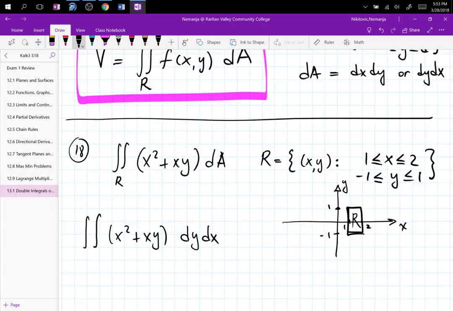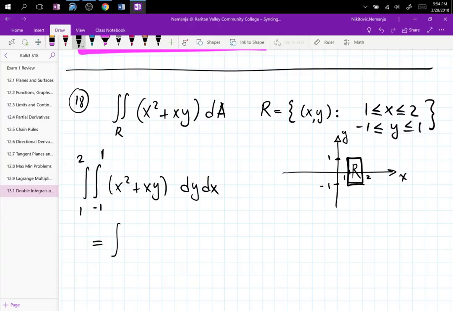That's the standard one to have x on the outside, because that will be done last, and you are used to having those in Calc 1. But it doesn't have to be that way. Since dx is the outer integral, the x limits have to be on the outer integral, and the x limits are 1 to 2. And dy is the inside integral, so negative 1 to 1 on the inside.